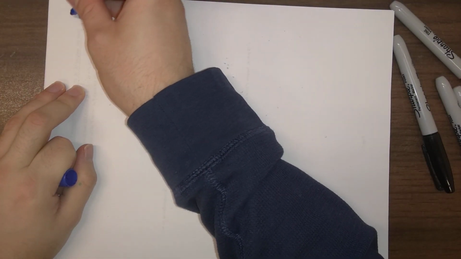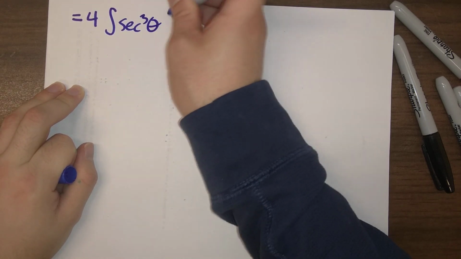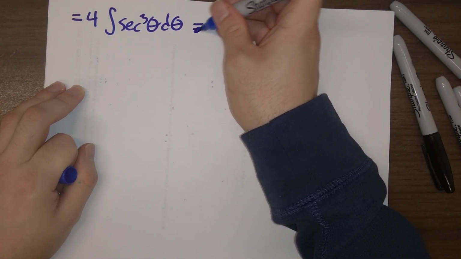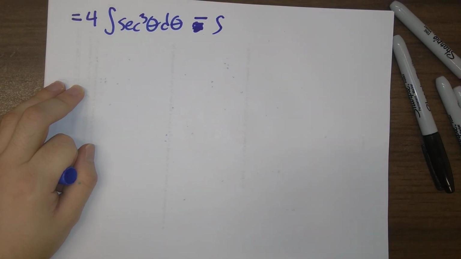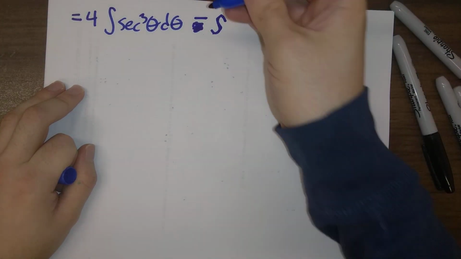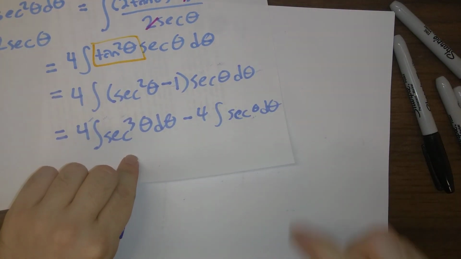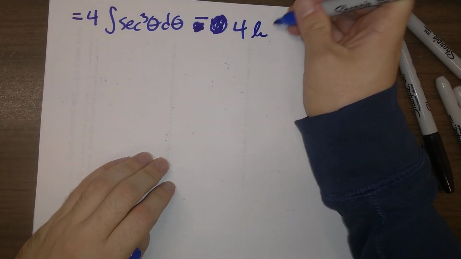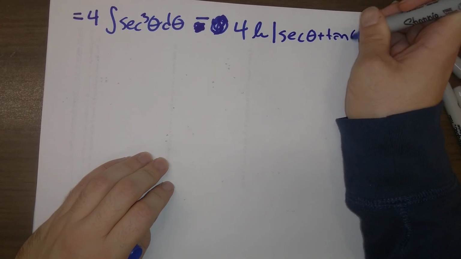So let's recopy where we are. The more difficult one is going to be the secant cubed theta, because the other integral, we did this in the previous section, this just ends up as the natural log of the absolute value of secant theta plus tangent theta.